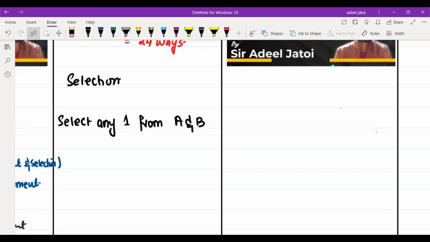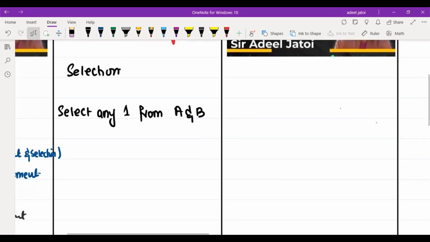Choosing one randomly, we can choose A or we can choose B. What that selection means is how many choices do we have? Since we have two choices, either I can choose A or I can choose B. So there are two possible ways of selecting the data.